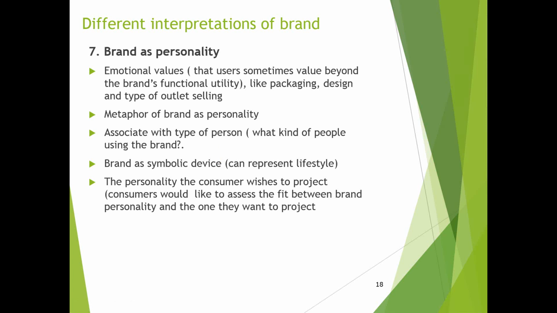If you don't mention any of the others of those 13, mention this one, because there's lots to go at there, and as I've already said, that's the one. It's the type of person you want to be, it's the personality of the brand, it's the symbolism of what that brand does. So it's like the difference between staying at the Premier Inn and staying at the Dorchester. That's the sort of distinction you might want to make.